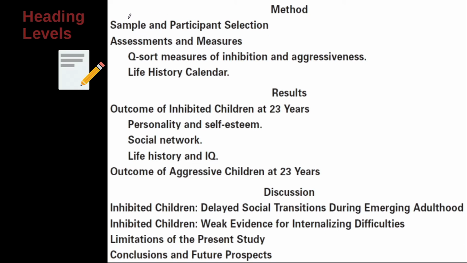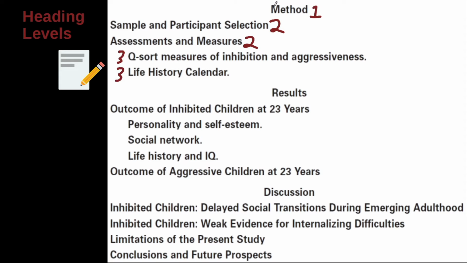And then inside my method section, I have a sample and participant selection, and so this one here is going to be level 2. So this is level 1, and this is level 2. This is level 2, assessment and measures. Inside level 2, I have 2 topics I want to cover. So then these are going to be level 3 and level 3.